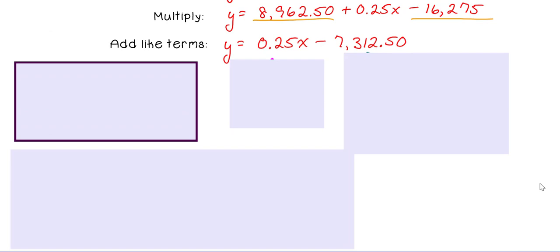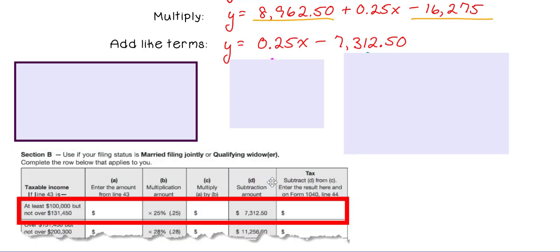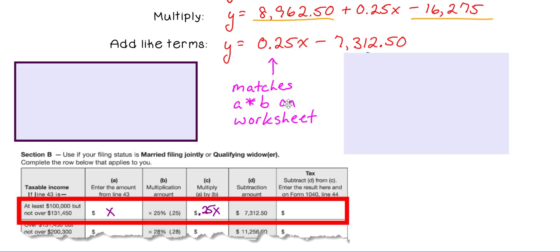So now if we look at our worksheet, you will notice that the 0.25x, this is what would actually be if we used x for the tax amount and we followed along on the worksheet. 0.25x is what would actually match column C, which is multiplying A times B.